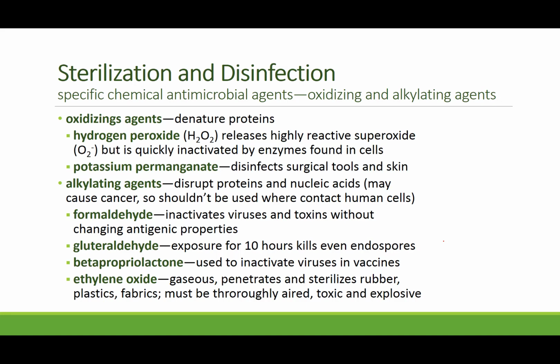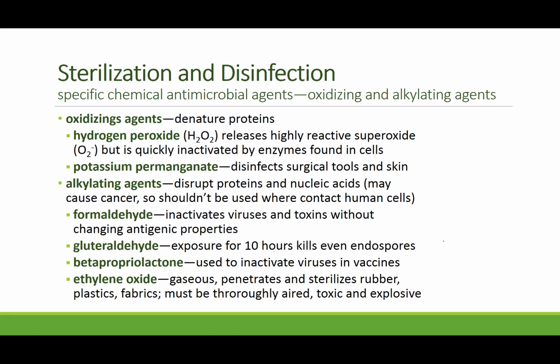And it releases highly reactive superoxides of O2 that has gained an electron, I'm sorry. So O2 minus is this superoxide, and it will quickly destroy proteins, but it's also quickly inactivated by peroxidases, enzymes that are found in bacterial cells and body cells.